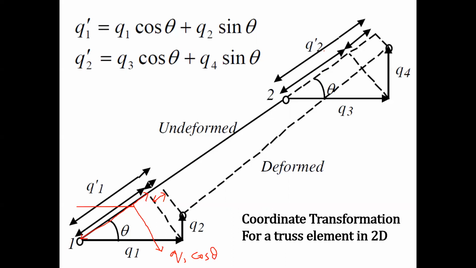Similarly, you can treat q2 prime as having two components. One component from here to here is going to be q3 cosine theta, and another component from here to here is going to be q4 sine theta, right? And just add them together to get the other coordinate.